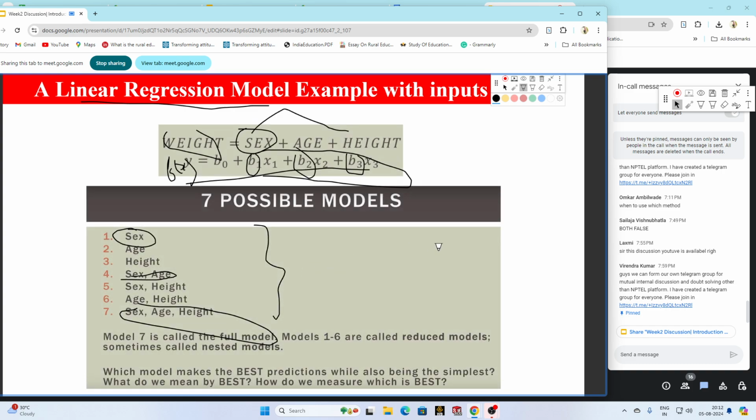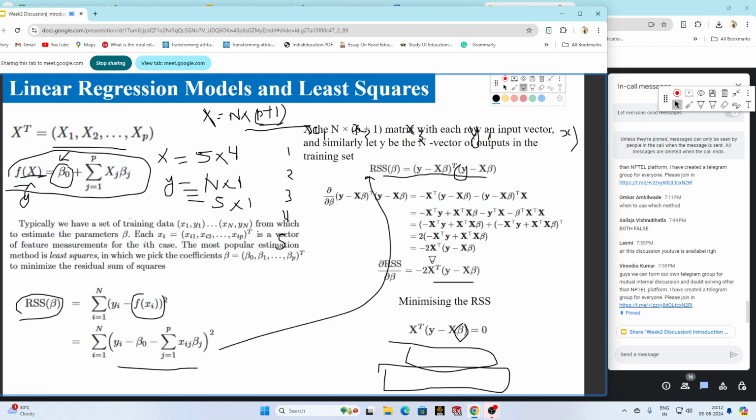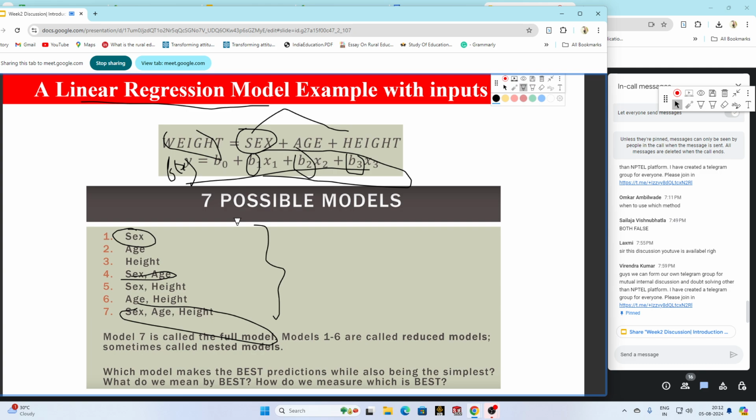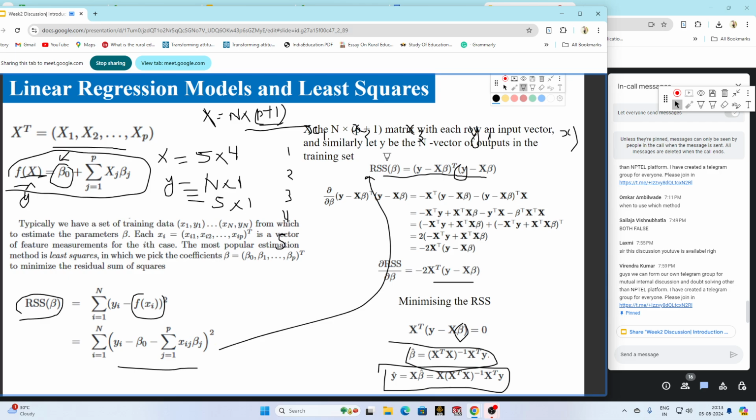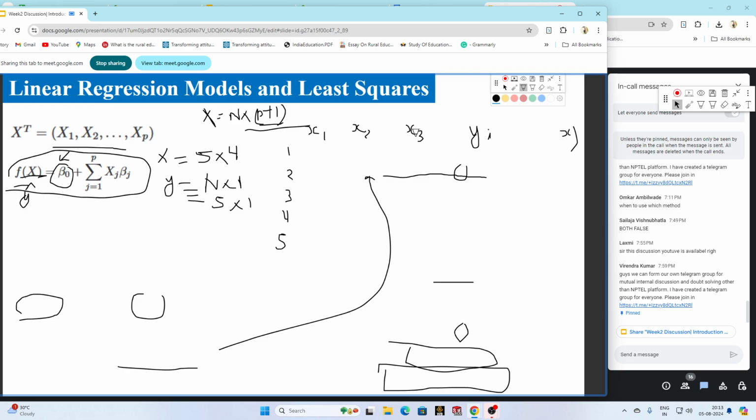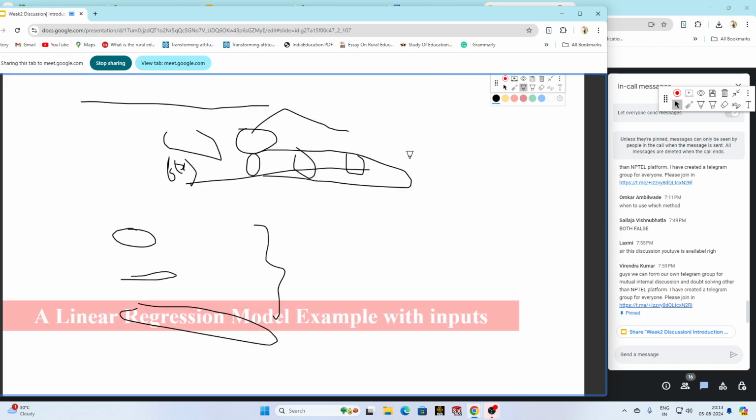Now, second, what I have discussed is the linear regression model example with inputs. Here you can see you got the concept. Now we will be discussing one example. In the previous slide I told you to take a linear regression model that is dependent on three inputs, x1, x2, x3. Now let's take a real example.